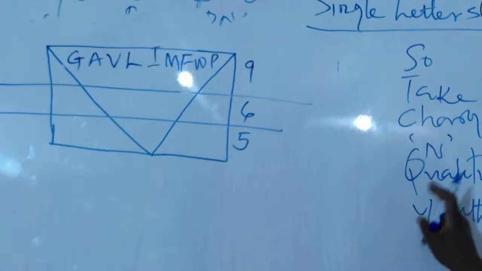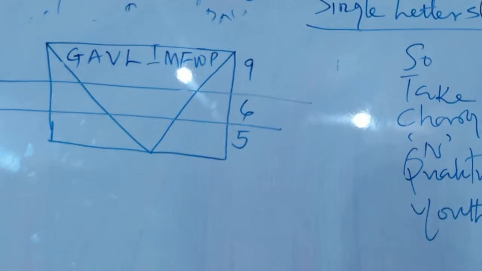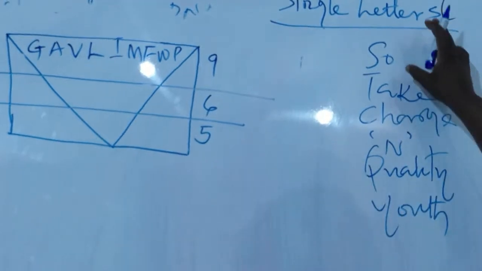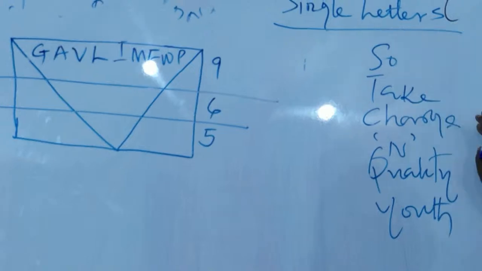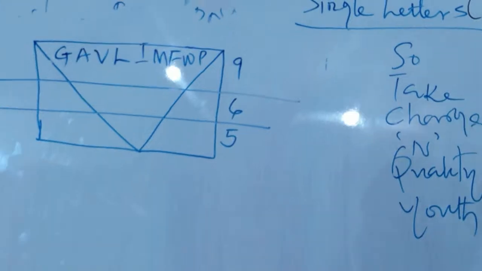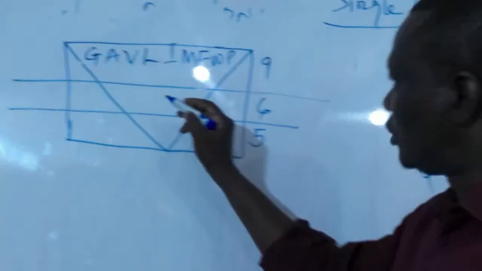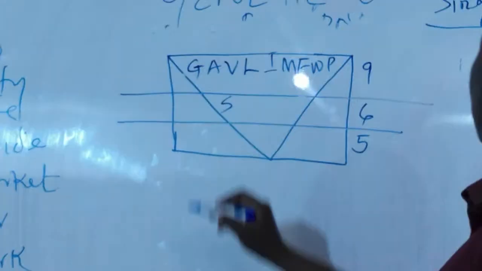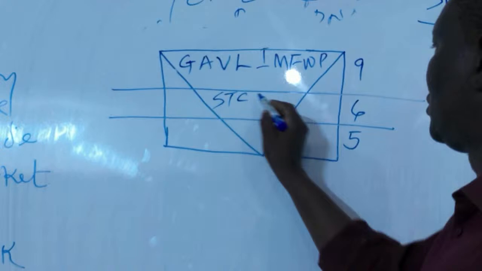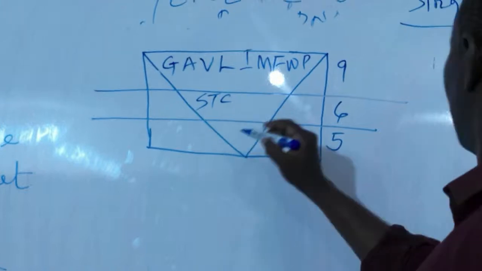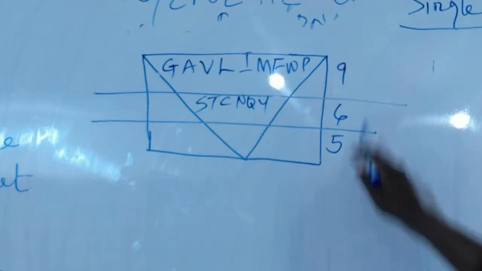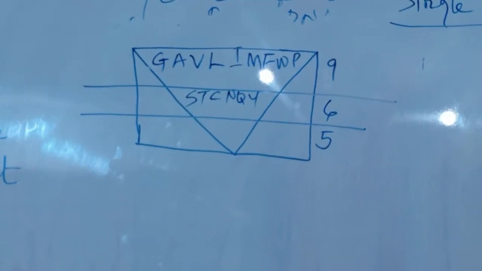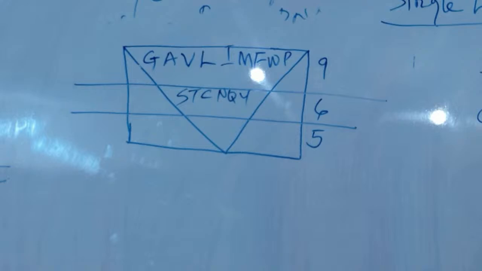So 1, 2, 3, 4, 5, 6. You can use staff take charge and quality use. So that is going to be S, T, C, N, Q, Y. That's going to stand for 6.